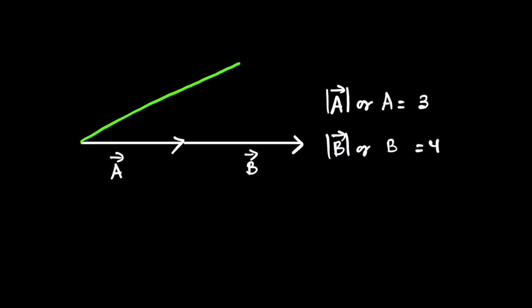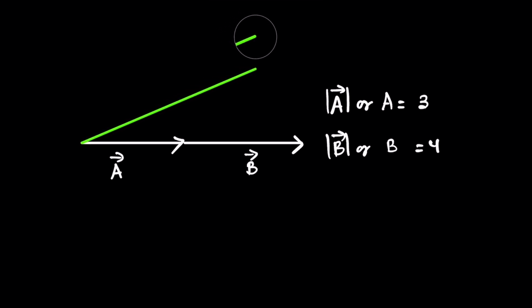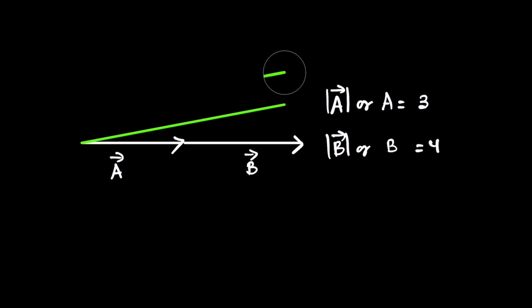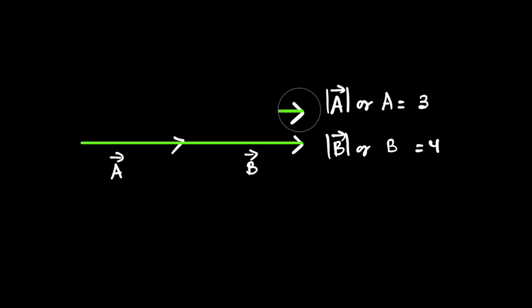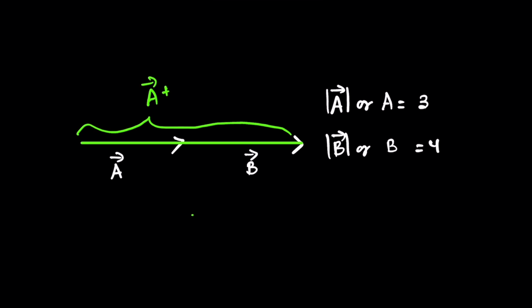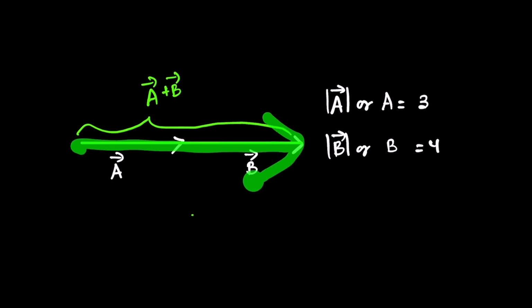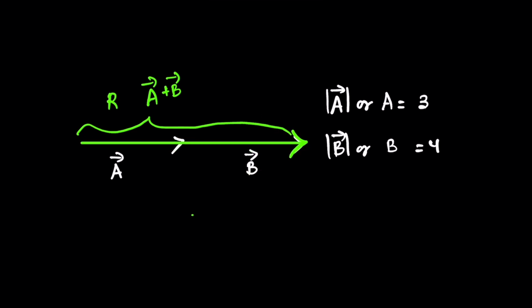From the tail of A to the head of B, this gives you your resultant. The value of the resultant is the value of A vector plus B vector, so this represents your R vector.